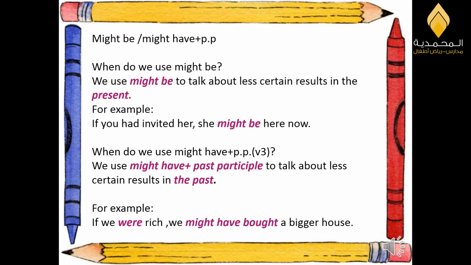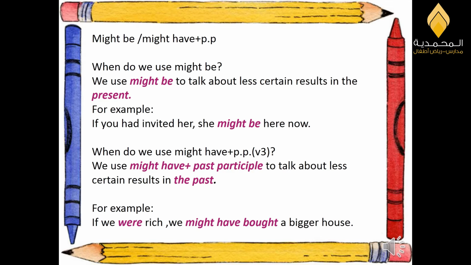For example, if you had invited her, she might be here now. I'm talking about less certain results in the present, so I use might be in the result clause or main clause.